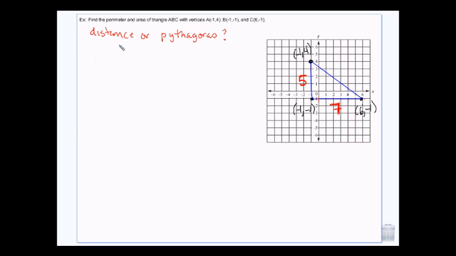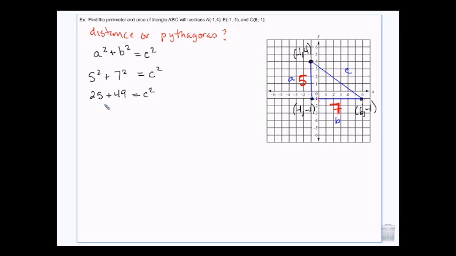Okay. So the Pythagorean theorem is a squared plus b squared is equal to c squared. This is a, this is b, here's c. So I'm going to take 5 squared plus 7 squared to equal c squared. 25 plus 49 equals c squared.